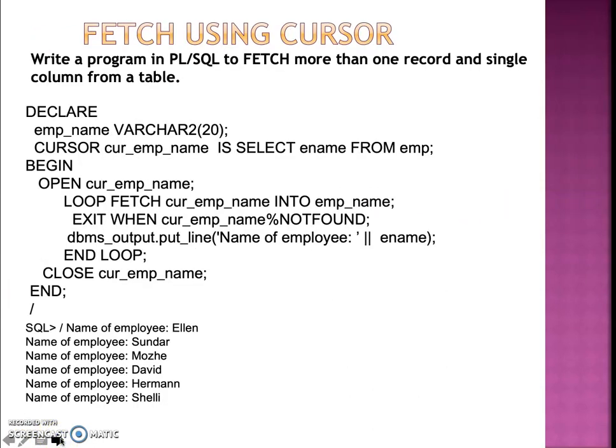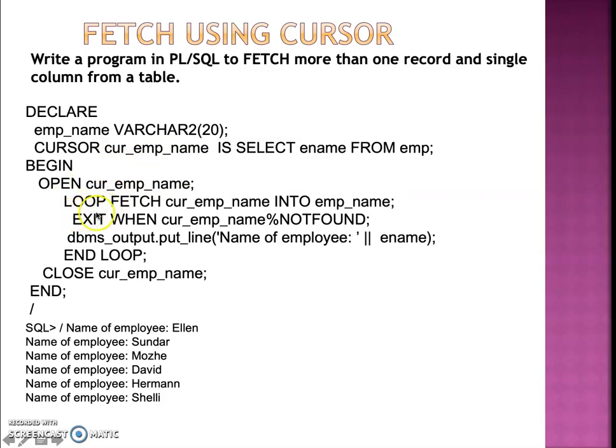The next is also similar to the earlier one. Here is the program to fetch one record and single column from a table. See, we are using SELECT ename FROM emp. The whole column comes in and is stored in the cursor. And same, we open the cursor.